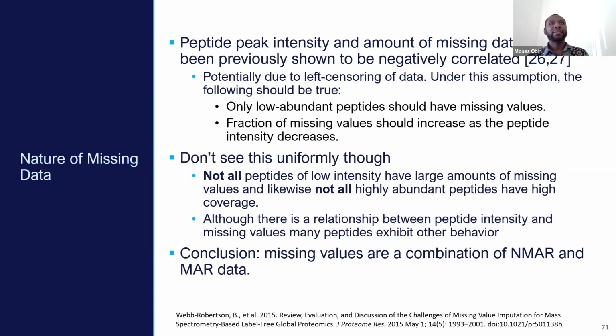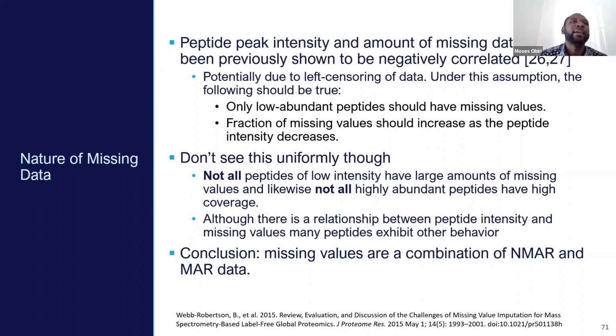This could be due to left censoring, where missingness is induced by low peptide intensity values. Under this assumption, low abundant peptides should have more missing values, and the fraction of missing values should increase as the peptide intensity decreases.